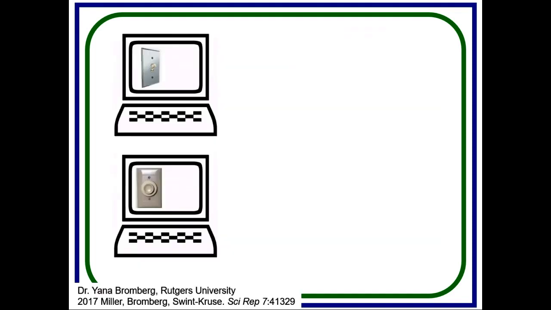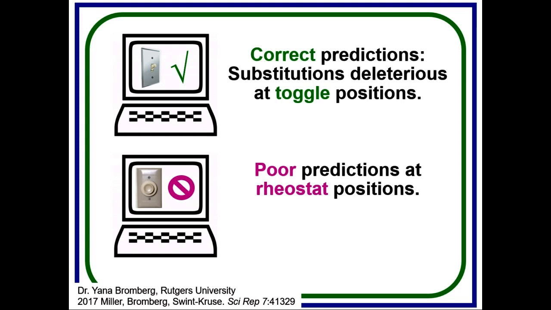We separated out a set of toggle positions in wild-type LacI repressor and a set of rheostat positions, and we worked with Dr. Jana Bromberg at Rutgers University and Max Miller to do separate predictions for each of these types of positions using 16 different algorithms. What we found was that generally substitutions at toggle positions were correctly predicted to be deleterious, but the predictions of outcomes at rheostat positions were very poor.